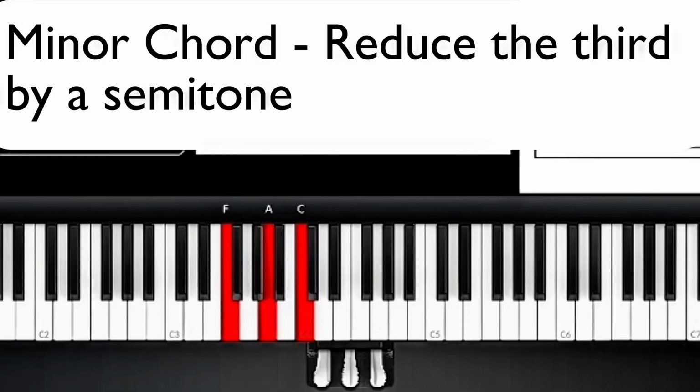Anytime I say reduce, it means we are going backwards. When I say increase, it's forward. So here we are bringing the 3rd backward by a semitone. A semitone backward from this note will be this note. And that is it. You have your minor chord.